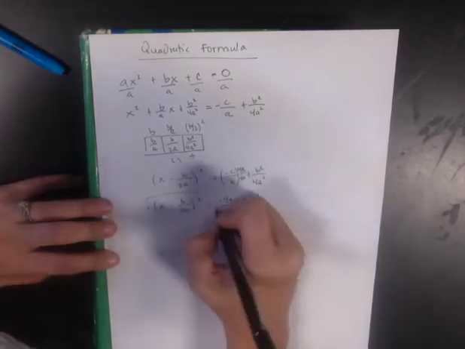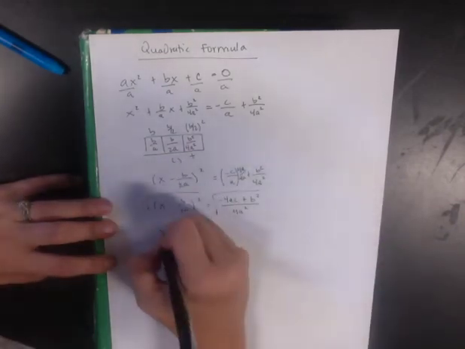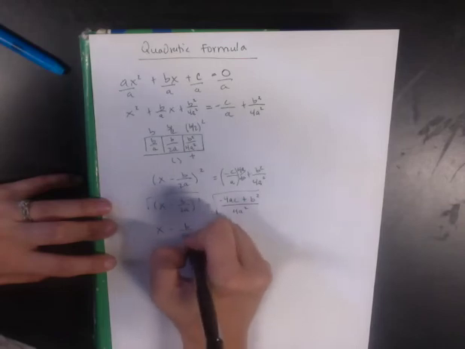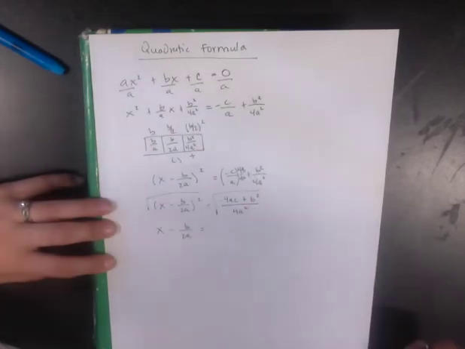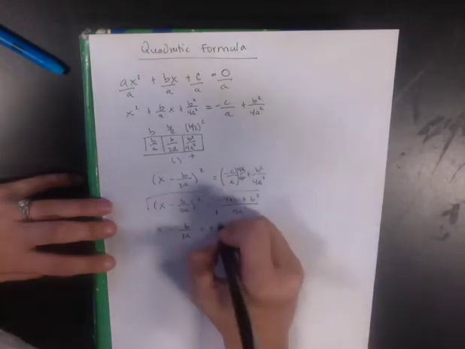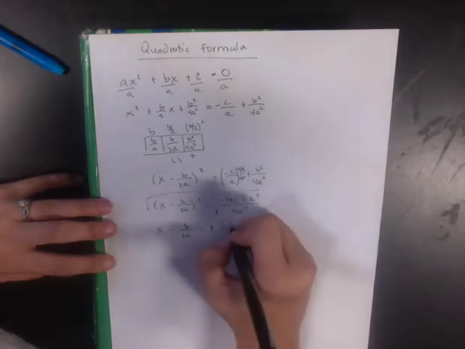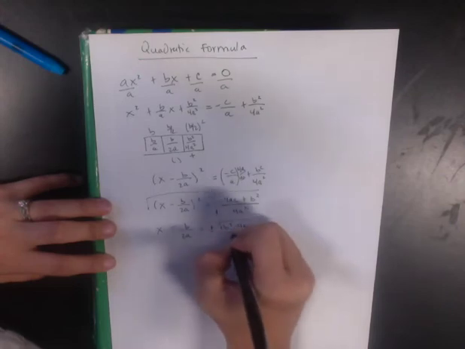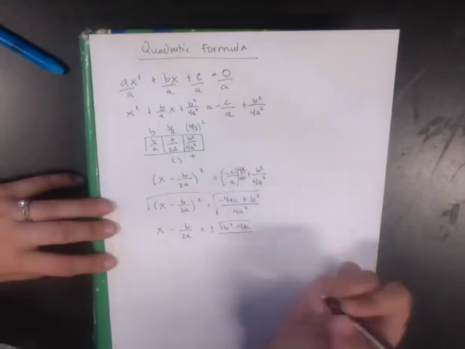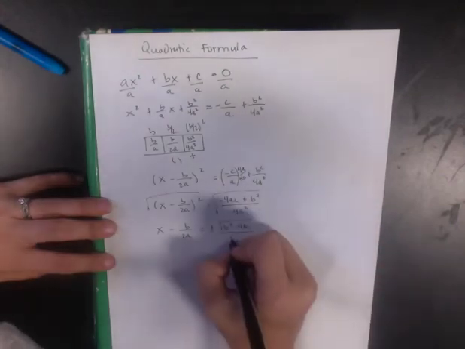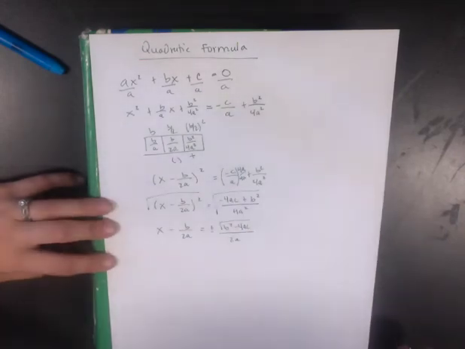Now I take the square root of both sides. This side becomes x minus b over 2a. This side becomes plus or minus the square root of b squared minus 4ac all over the square root of 4a squared gives me 2a.